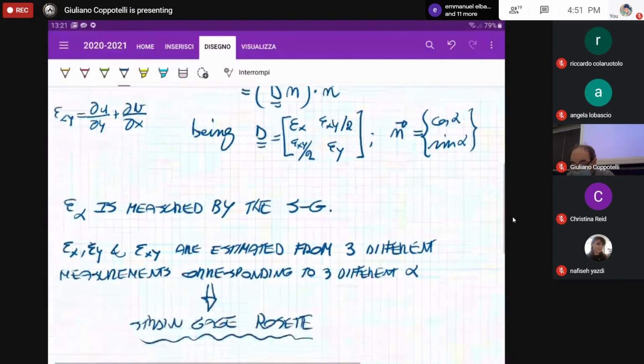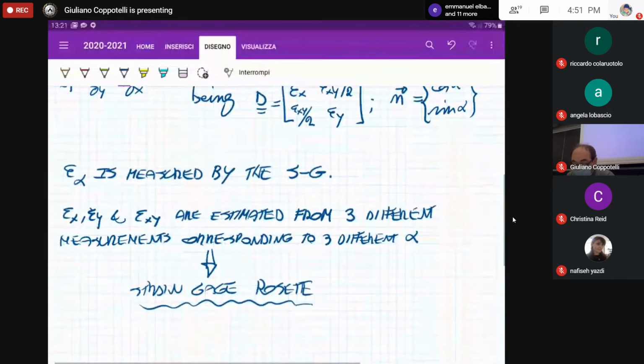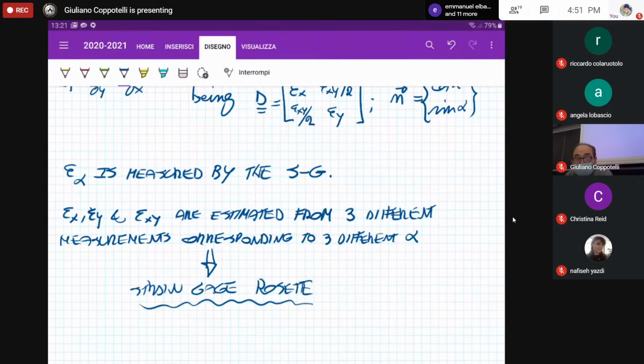So what we got is that because we are using the strain gauge, we know epsilon alpha, and then we would like to have the information of the strain in these whatever directions. So in order to have that, because we have just one equation and three unknowns, we need to have three different measurements that refer to three different orientation angles.